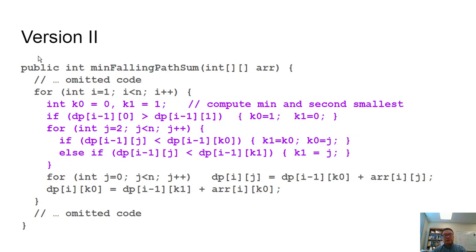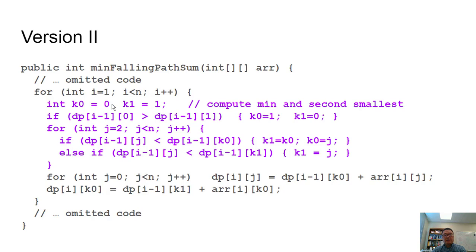So this is what I did in version 2, where the code in purple now computes both the minimum and the second minimum. Here I'm just keeping track of the indices into the dp array for the minimum and second minimum.